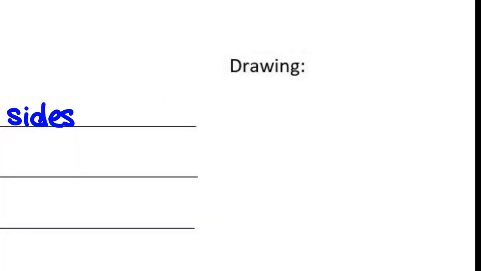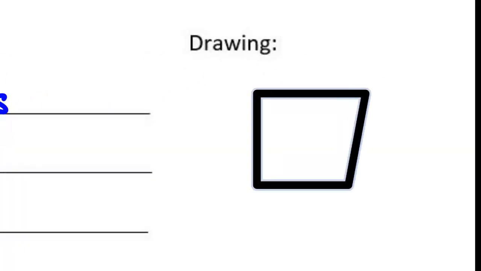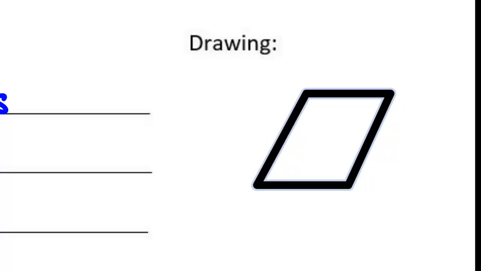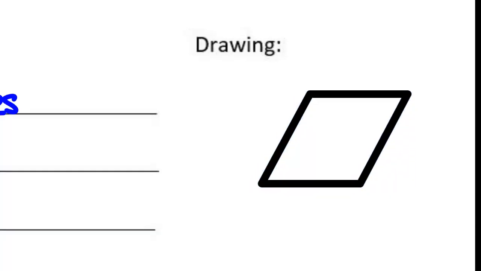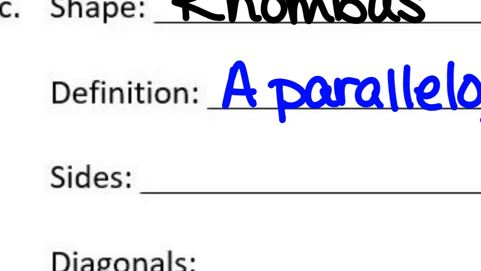So I'm going to draw a picture of a rhombus so that we can fill it in with the properties. Because this is a parallelogram, both pairs of opposite sides are parallel.